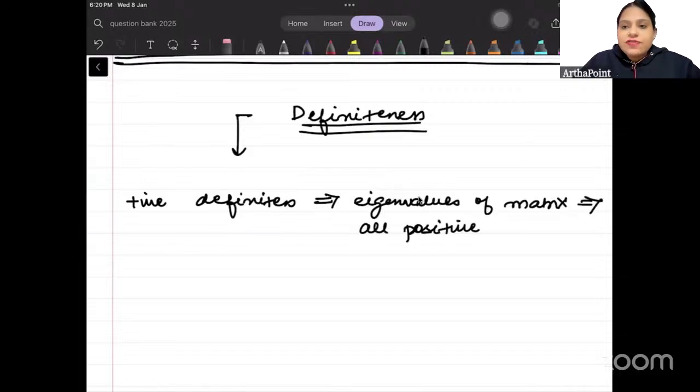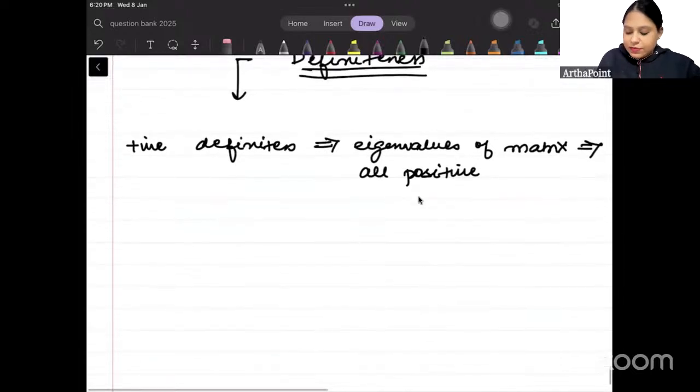For positive definiteness, we need that the eigenvalue of the matrix should be all positive. अभी मैं एक बार ये सब example में करवाऊंगी.